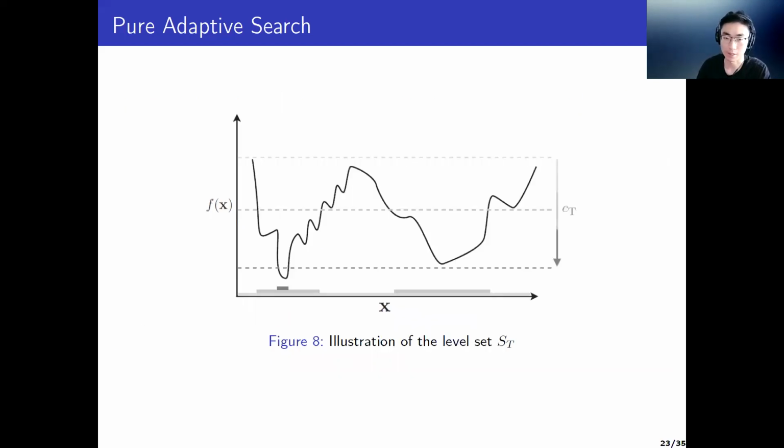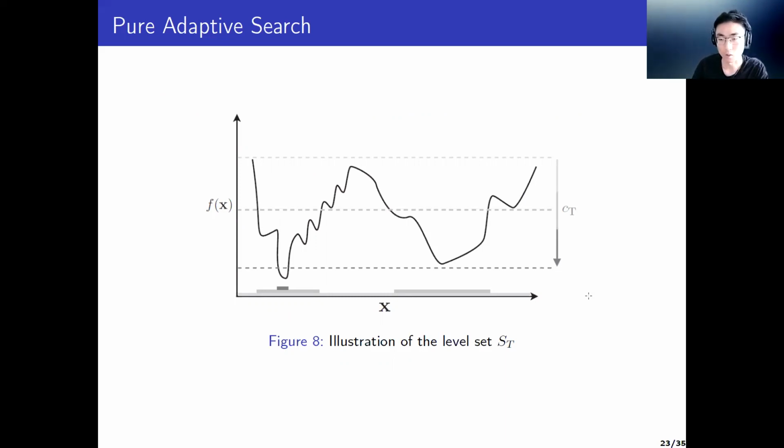So here is an illustration of the level set ST on a one-dimensional landscape. Since the threshold CT is monotonically decreasing, we gradually narrow the search region as the procedure proceeds iteratively until the stopping criteria is satisfied. Well, of course, the sequence of the objective function values converges to the global minimum much faster for the pure adaptive search than for the pure random search.